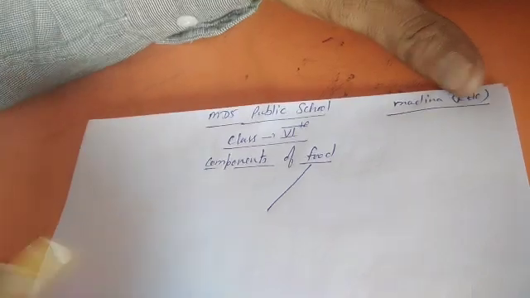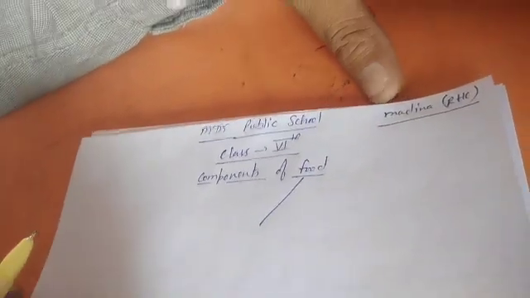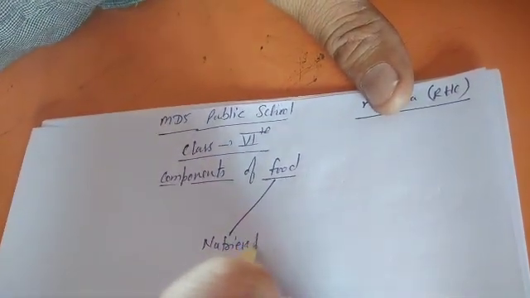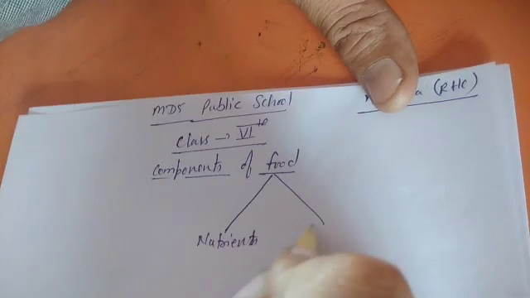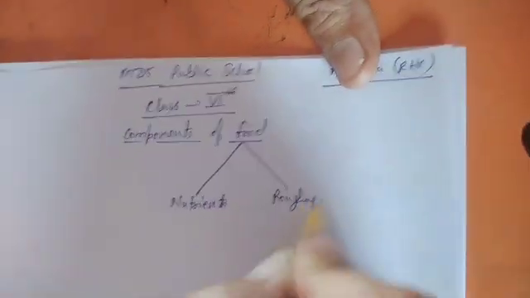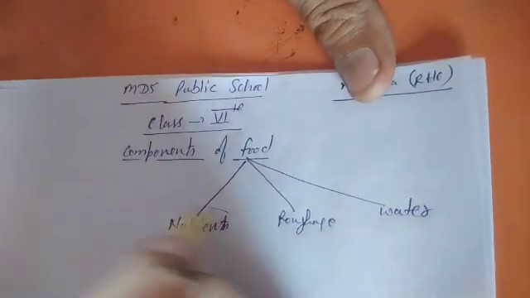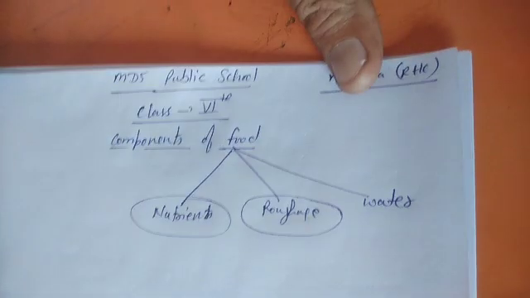Hello, dear students. In the previous lectures, we studied the components of food, and we divided the main components into nutrients, roughage, and water. The first two we have already done.